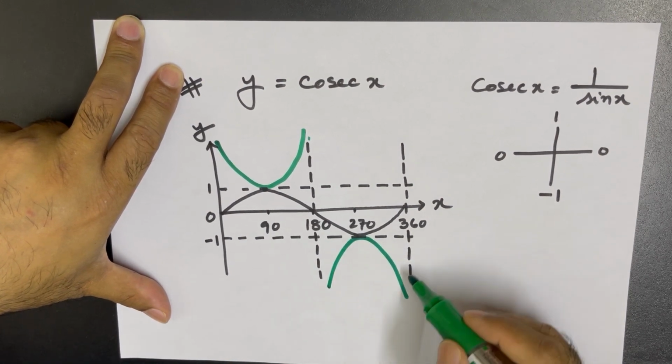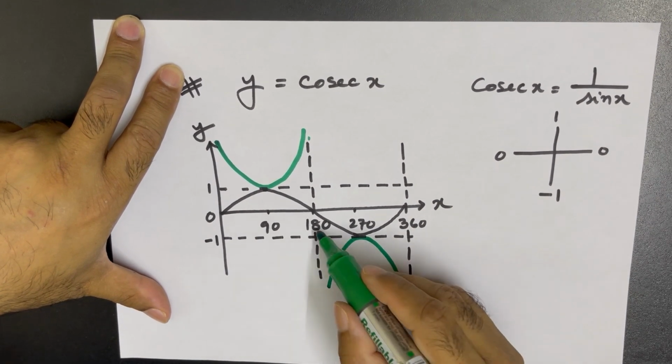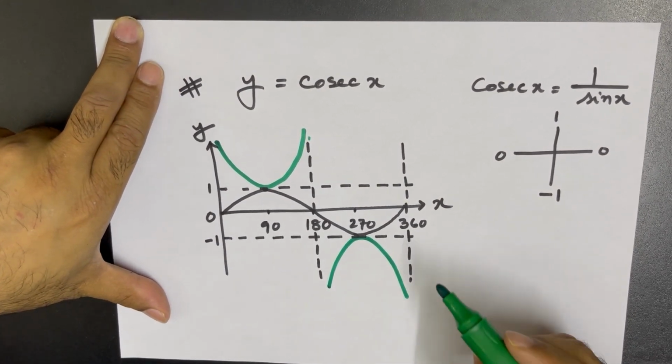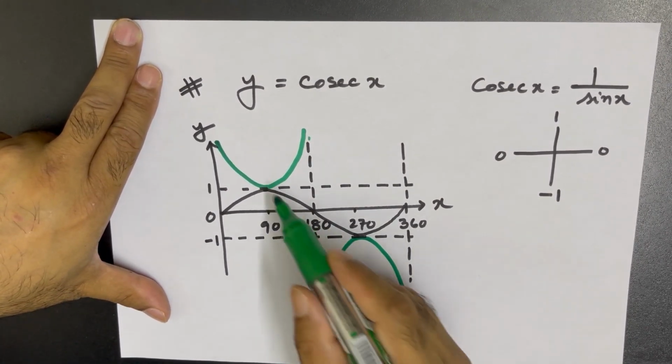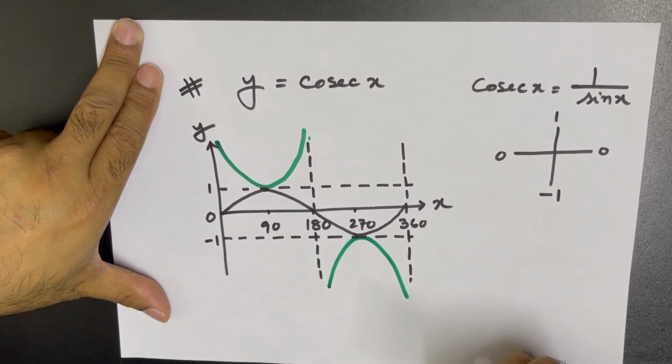The asymptote at 360 will go downwards, and also at 180 it will go downwards. These are the two asymptotes. And the blue graph is the graph of cosec x from 0 to 360 degrees.